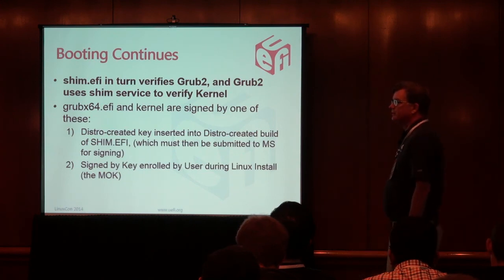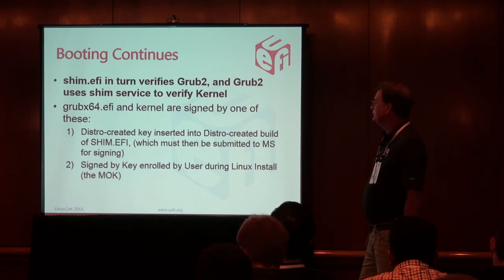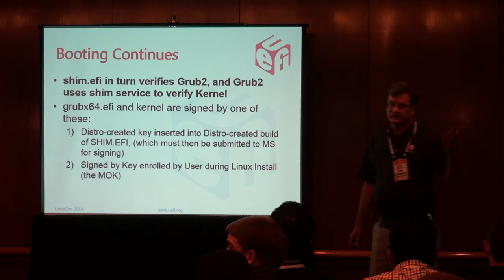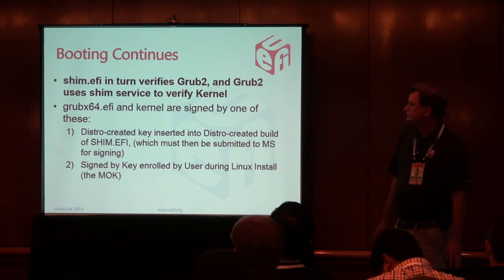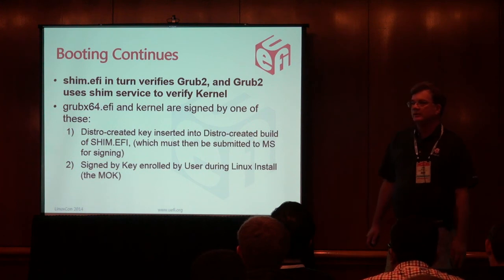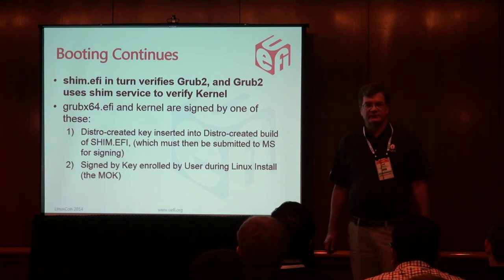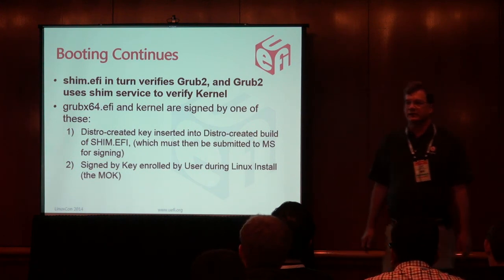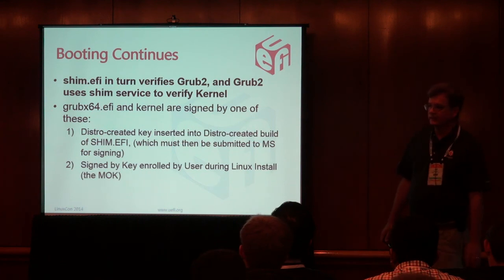So we continue with the boot. Shim is going to verify the next bootloader, which in this example is grub2. And grub2 uses a service provided by shim to cryptographically verify the next stage in the boot process.